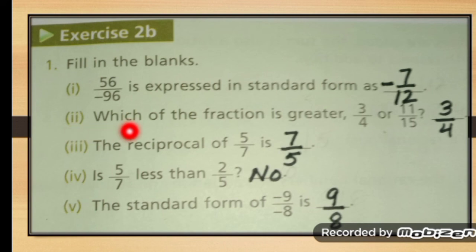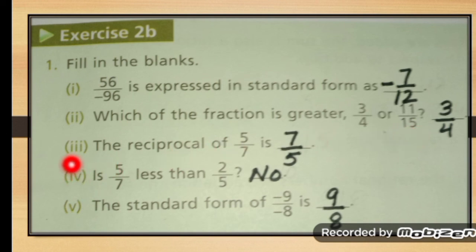Next statement is which of the fractions is greater, 3 by 4 or 11 by 15. In this statement, we have to compare these two rational numbers. Let's do cross multiplication. 15 multiplied by 3 will be 45 and 4 multiplied by 11 will be 44. As 45 is greater than 44, so 3 by 4 will be greater than 11 by 15.